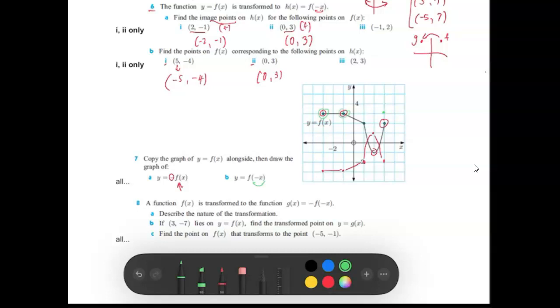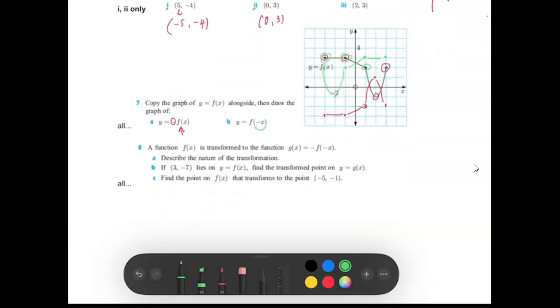This point here, it's 1 to the left, so it'll be 1 to the right. This point here would be here. This point here would be here and here. And so it would just reflect the spoon over the y-axis, and it would be kind of a reversed spoon, right? So that would be part B.